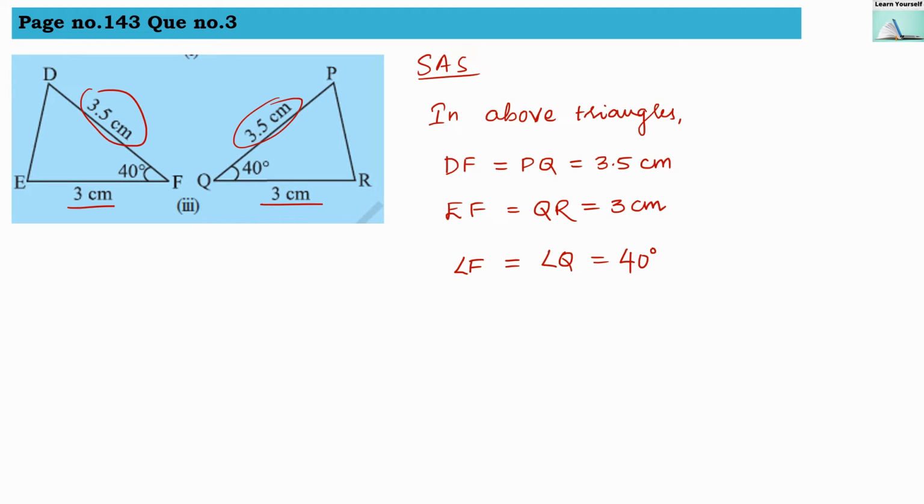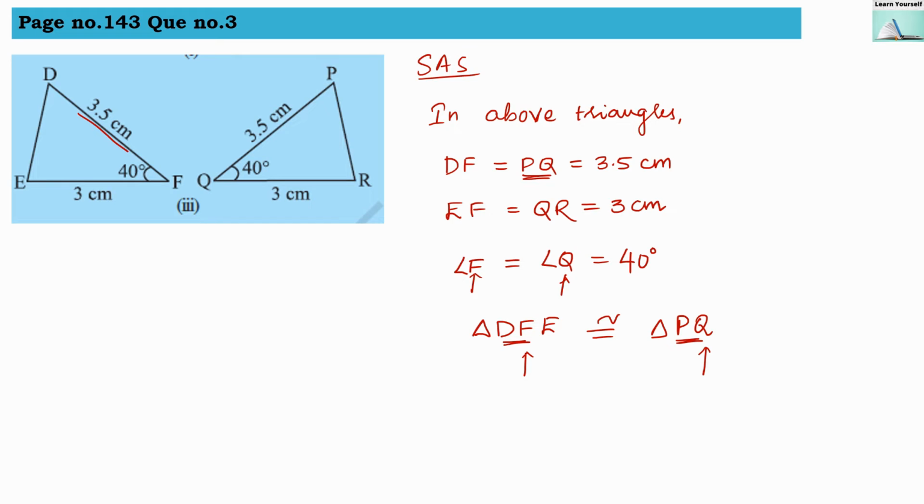Now how are we going to write the name? So triangle DFE. DF has 3.5 centimeter and it is corresponding to PQ. So let us write here first PQ because DF is equal to PQ. Now F is corresponding to Q. So yes, wherever F is there, Q is there.